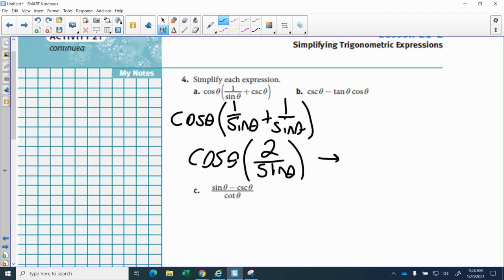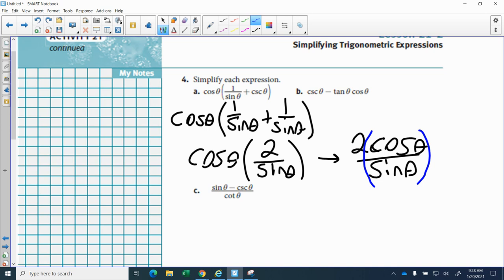And then when I multiply cosine in there, it becomes 2 cosine of theta over sine of theta. Now, the last step to simplify this is, if I don't even worry about the 2, cosine and sine is its own identity, right? Cosine over sine is the same as cotangent. So really, this could be simplified to be 2 cotangent of theta.